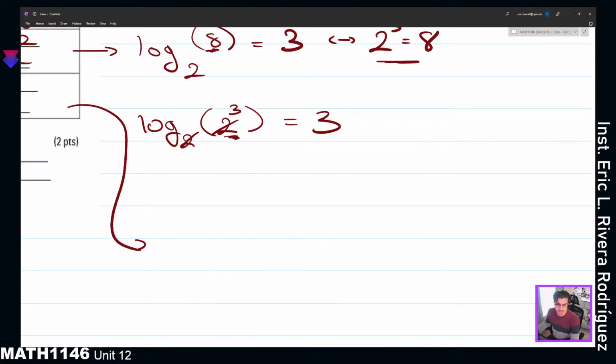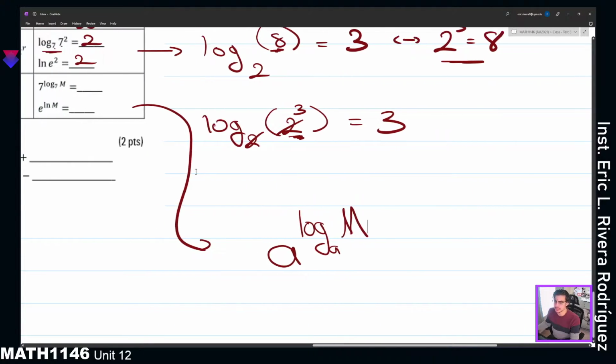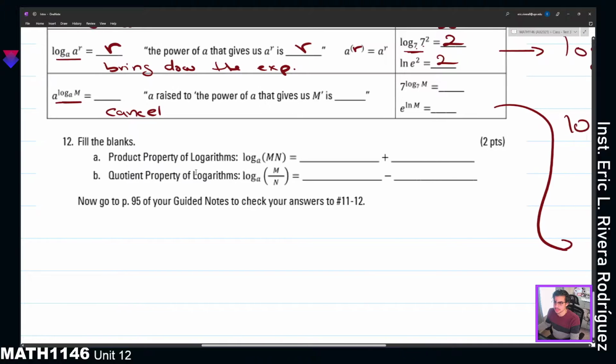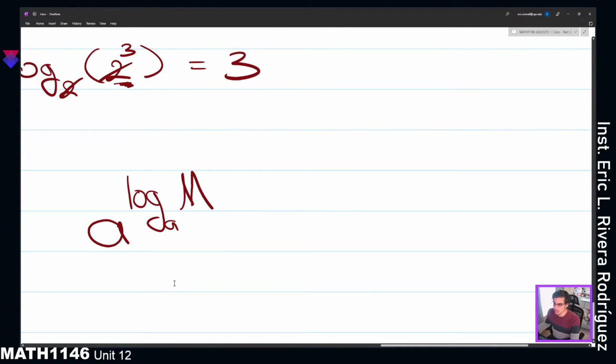So what we have is a raised to the power of log base a of m. Okay, so we want to know what is the value of this.